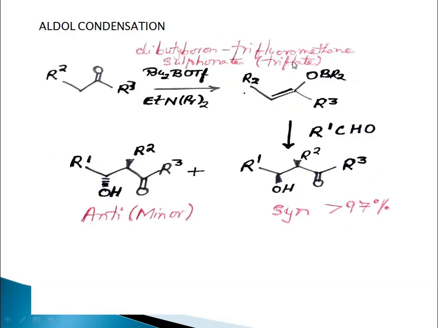In this Z isomer, R3 and H are on the same side. Had it been the E isomer, R3 and R2 would have been on the same side here, and H would have been here, so there would have been a lot of crowding. Hence Z is more stable and can be easily separated, and this gives rise to the syn. Why the syn?